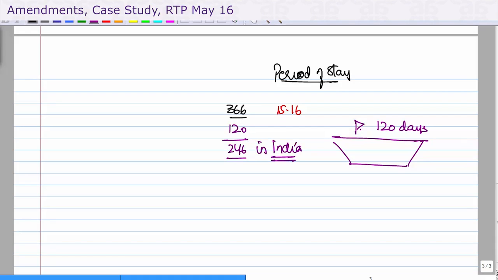Well, what these guys did was, now to make sure his number of days falls below 181, he will take 46 days out from here and 19 more days, so that makes it 65 more days of holiday now, let's say in Europe.